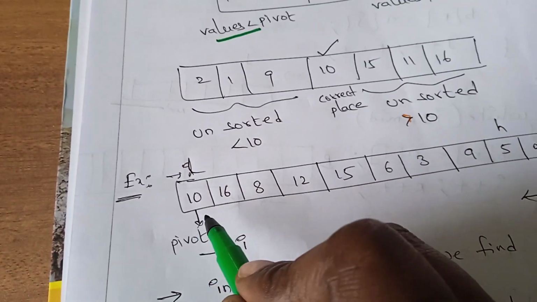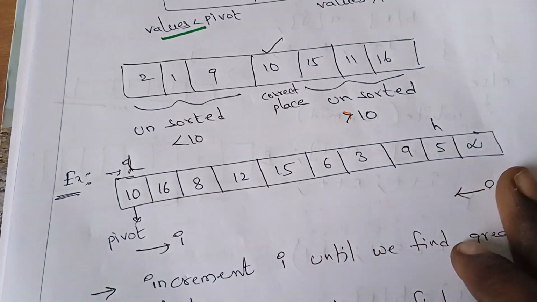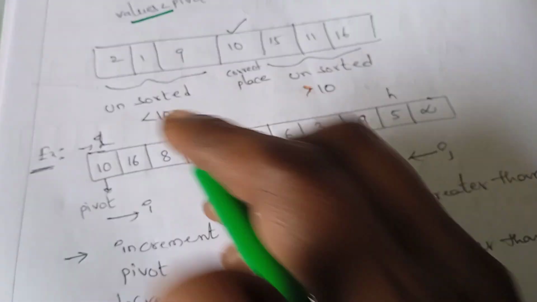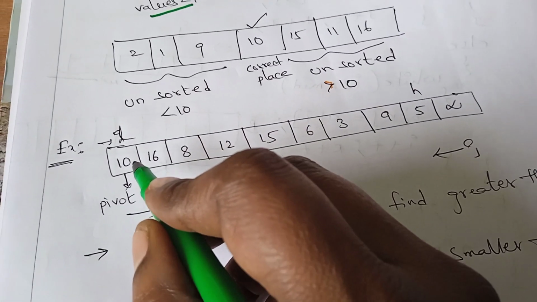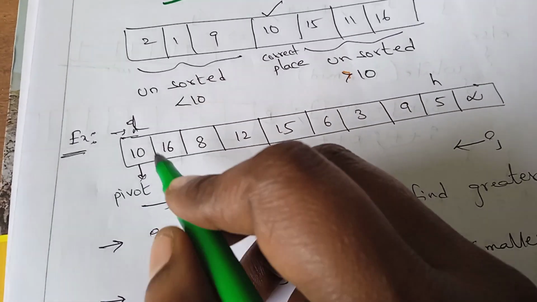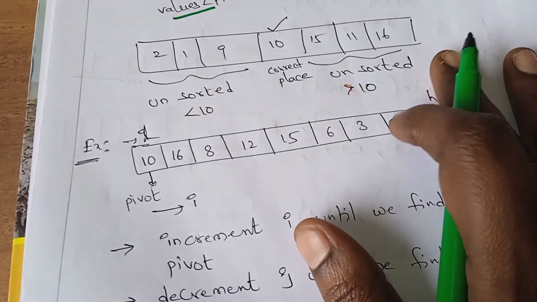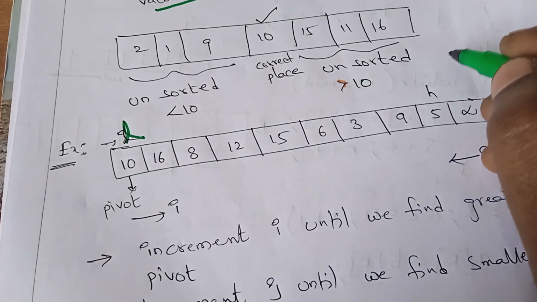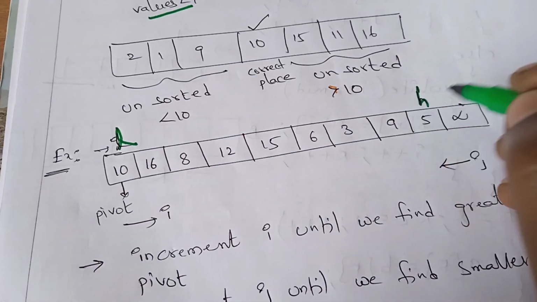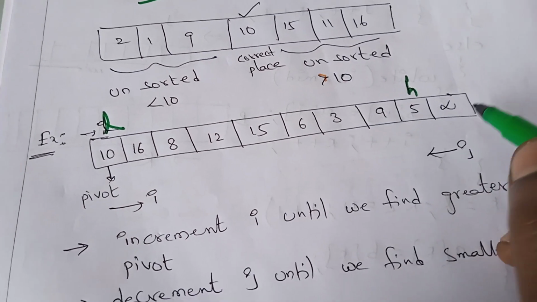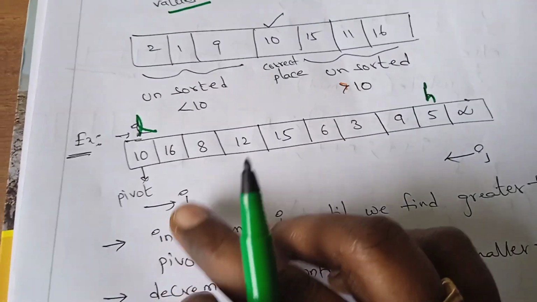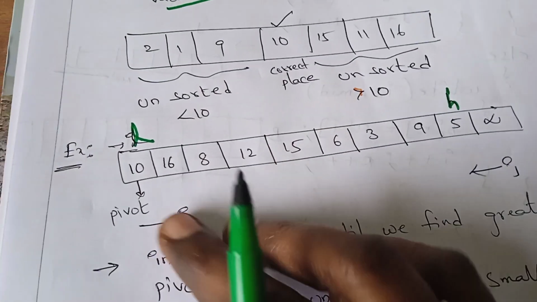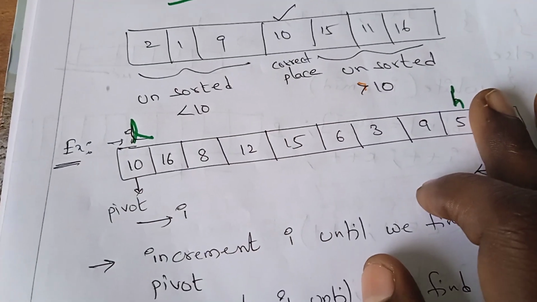So this is my list, and in this list I am considering 10 as my pivot. The indexes of this list will be L, the low index, and H, the high index. Your elements start from low to high.